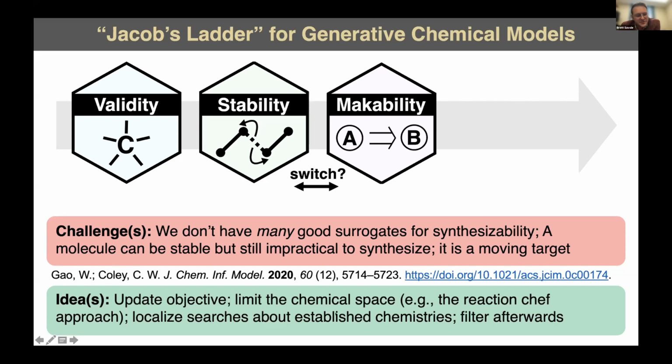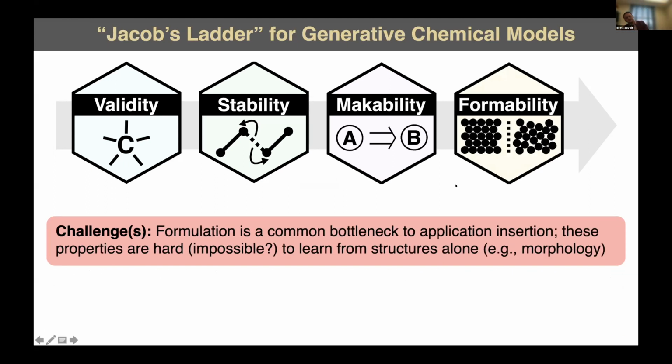Again, we can localize searches about established chemistries, or we can always filter afterward. Filtering afterward at some point becomes impractical, right? At some point, you're generating so many bad predictions that it can be impossible to filter, and you may not be generating any useful molecules at the end of the day. And Connor showed a very nice example of that.